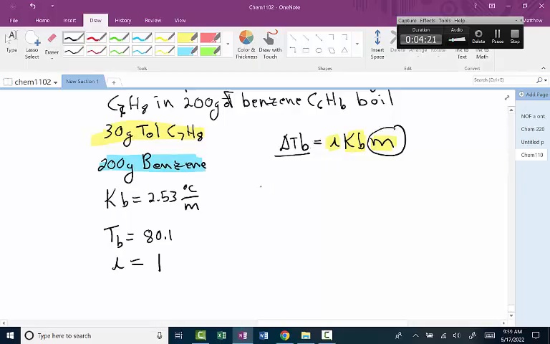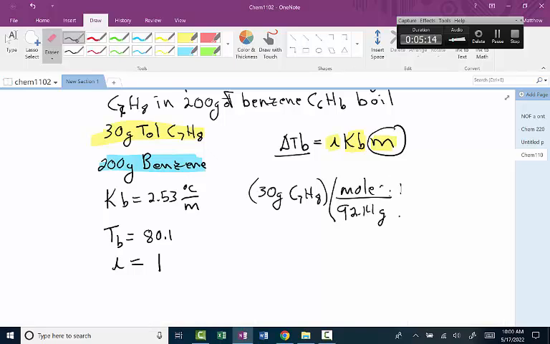I have 30 grams of toluene, times the molar mass of toluene, which you should know how to do, and so I'm not going to do that. It's 92.14 grams per mole.